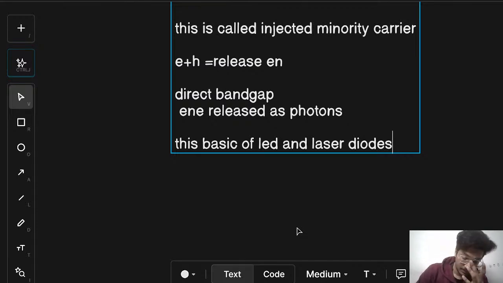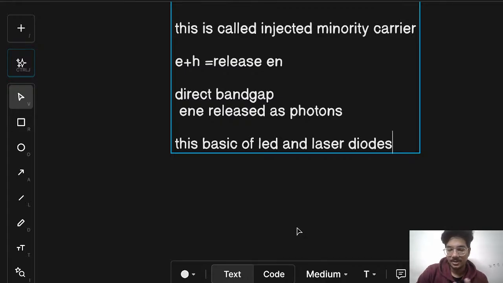Okay, so we have studied the intrinsic semiconductor and Fermi level. Intrinsic means a pure semiconductor with an equal number of electrons and holes. The Fermi level indicates the probability of energy state occupancy.